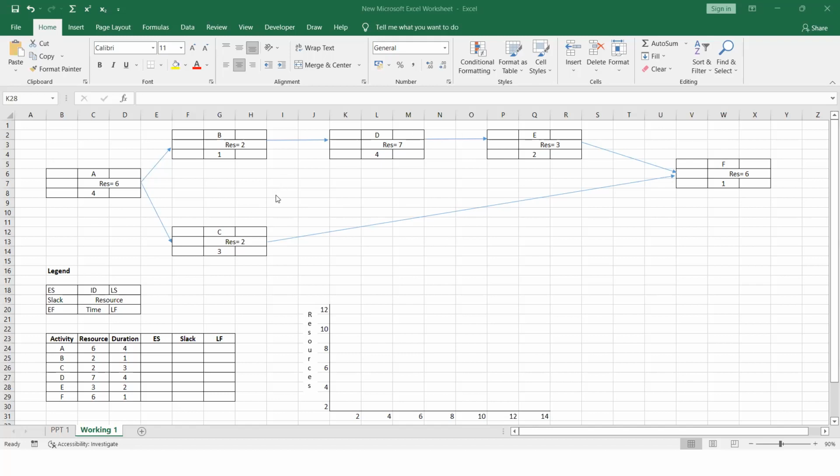In the examination I can give you the activities and preceding activities, and I can ask you to draw the project network as well, right? In this example I have drawn the project network, but I did not fill in the early start, early finish, late finish, and slack.